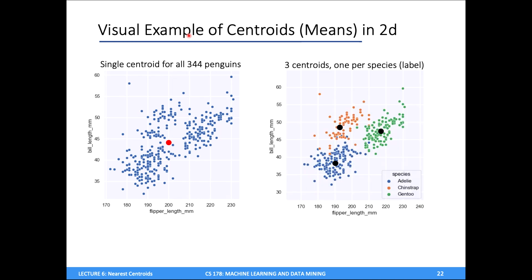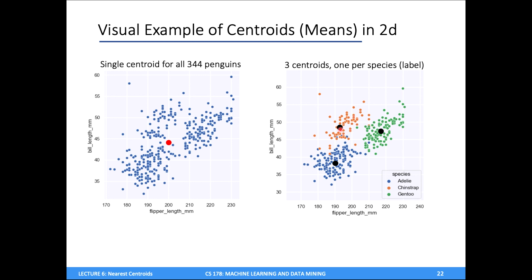I can also do this on a per class basis. So rather than just computing one overall centroid, this red dot, what I've done is I've taken my data and partitioned it based on the class label. So I took all, say, the chinstrap penguins, the orange dots, and then I computed the centroid for only those penguins.